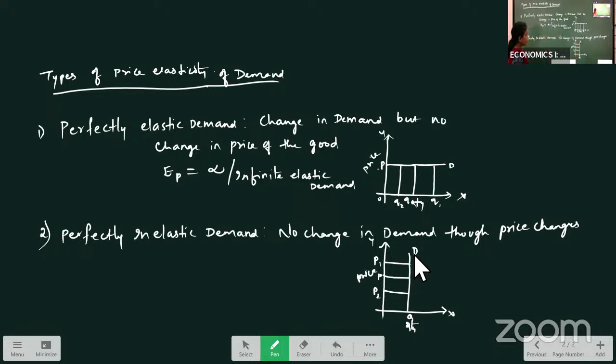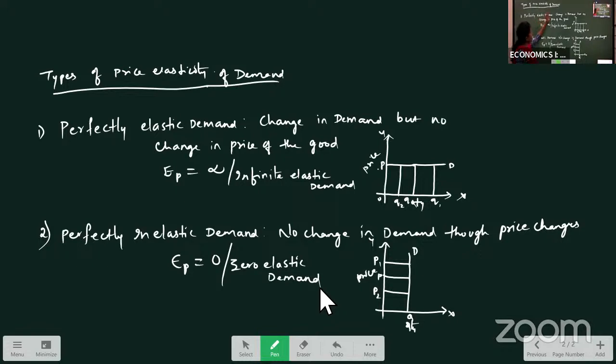In perfectly inelastic demand, price elasticity equals 0. Or we also call it zero elastic demand.